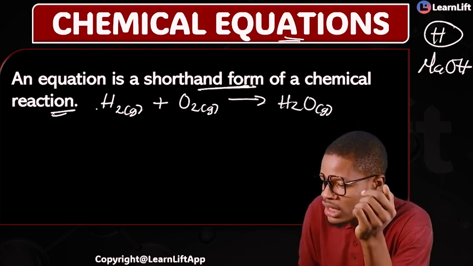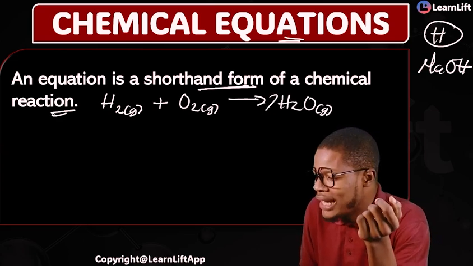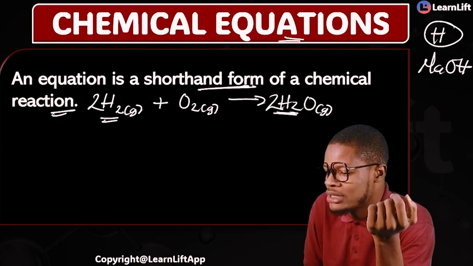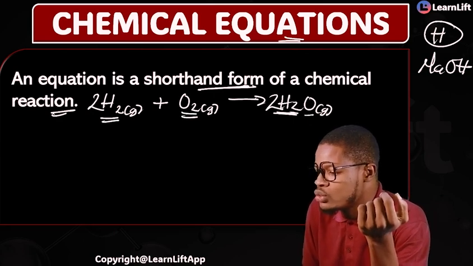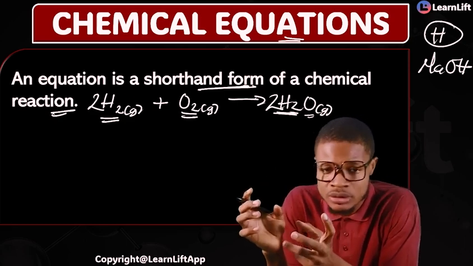Now, how many hydrogen here? 2. How many oxygen here? 2. How many hydrogen here? 2. How many oxygen here? 1. So if I balance this, here is now 4 hydrogen, and here is now 4 hydrogen as well. Oxygen is 2 here, oxygen is 2 here, balanced, right? What I've just given you is a chemical equation.